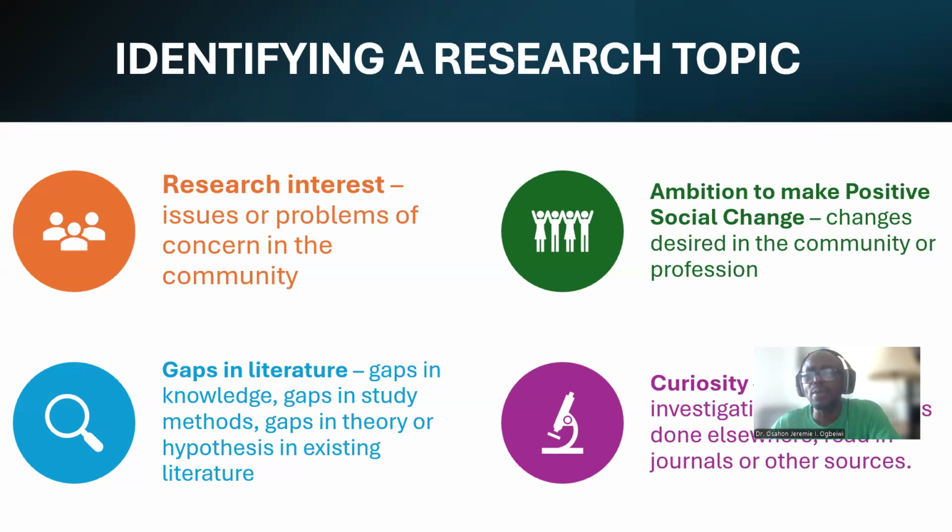For us to make a positive social change, we need to study it more. Or you can say that you have found that there are gaps in the literature. That the books you read, the articles you have reviewed have not answered this question, that question. So those gaps become topics for your further research.